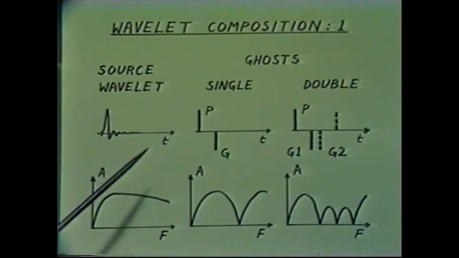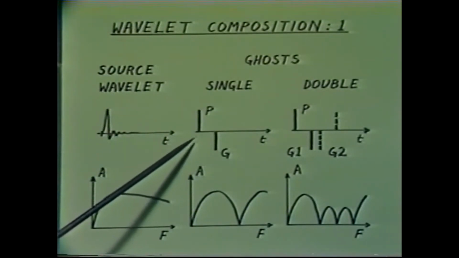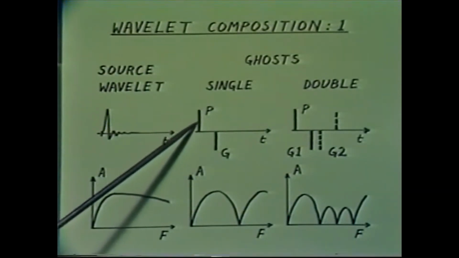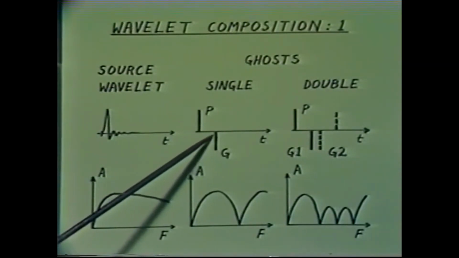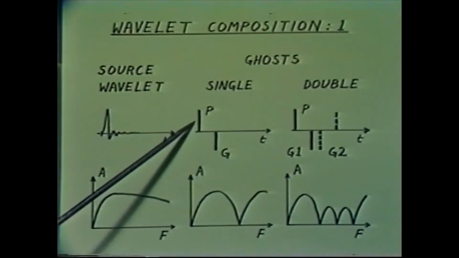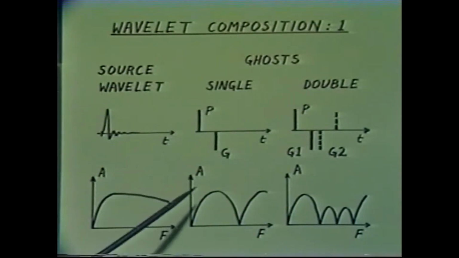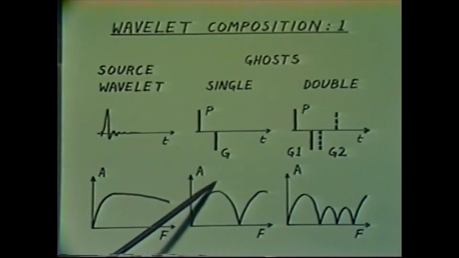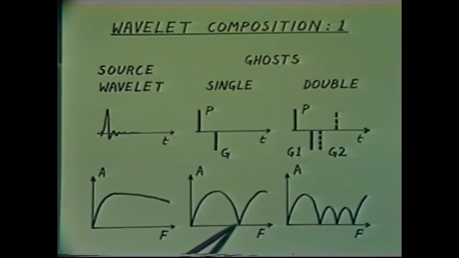On marine data, the ghost effects are quite significant, and these result in, looking just at the source end of the travel path, a ghost pulse following every primary reflection, so that in the frequency domain, this has the effect of introducing notches into the amplitude spectrum.